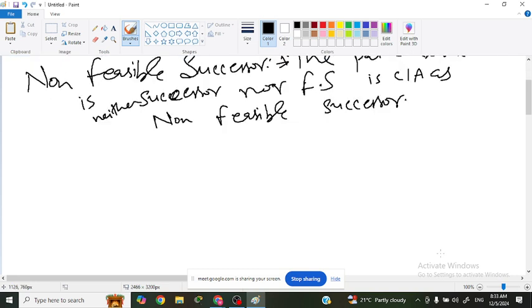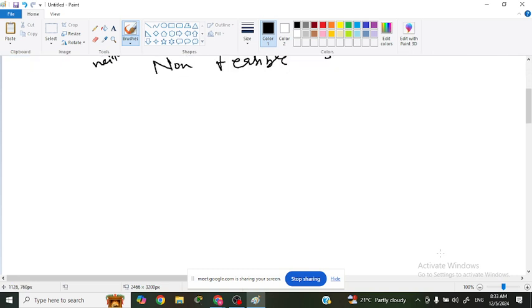So what is the feasibility condition? Once we discuss the feasibility condition, then I will go to the non-feasible successor. Then you will be able to understand what a non-feasible successor is.